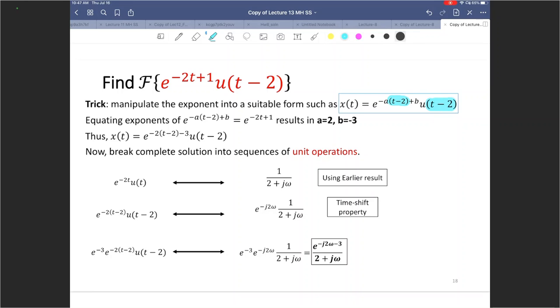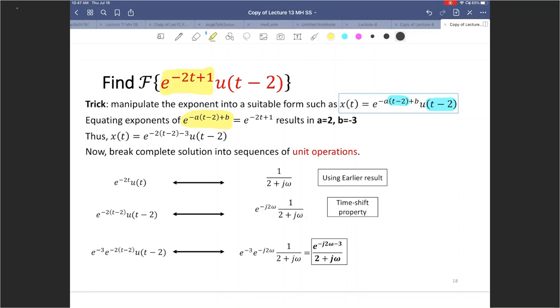So when you try to represent this in that particular form, what are you going to have? When you equate the exponents, e to the minus a times t minus 2 plus b equals whatever this is, right? So all of this equals that, because we are trying to find the a and b that satisfy this.